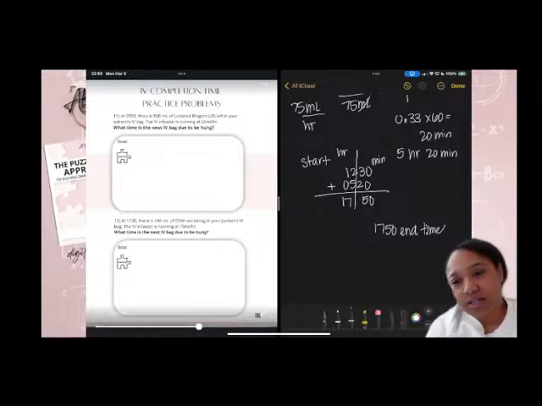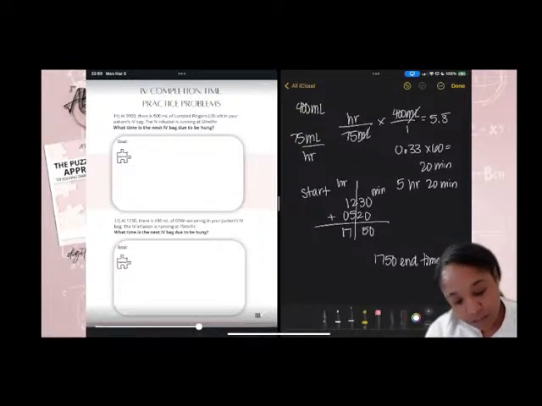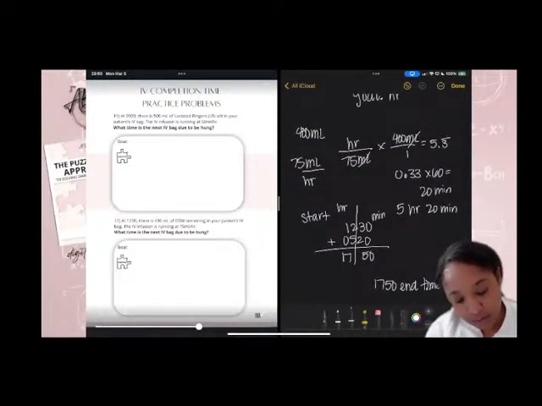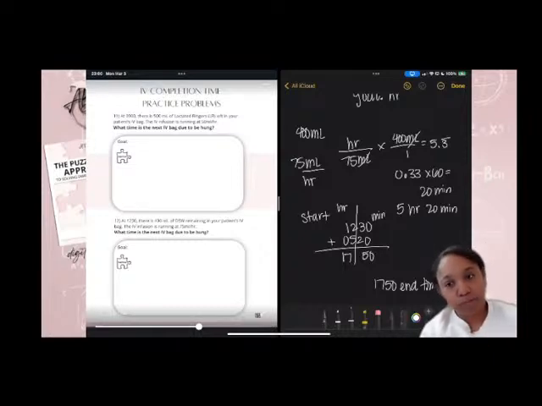Where did we get 0.33 from? So the answer was 5.3 repeating. Okay. So we needed to find the exact minutes, because if it was 5.5, I know that 0.5 means half, right? So that's half an hour. So that would have been 30 minutes.